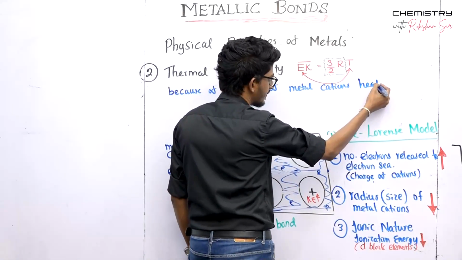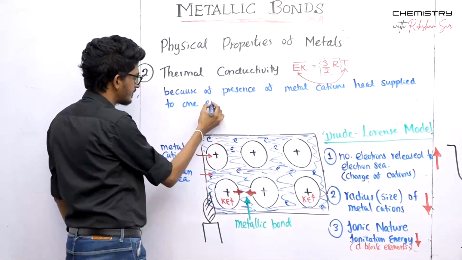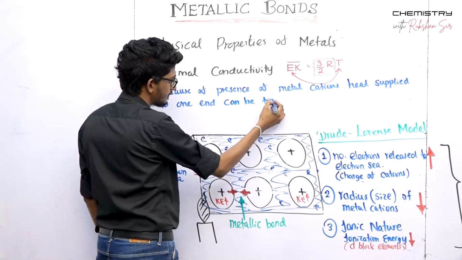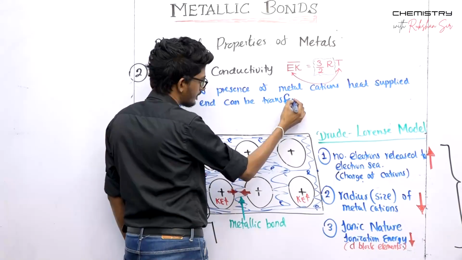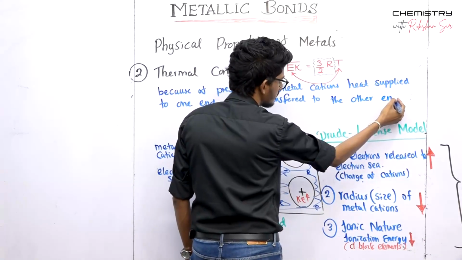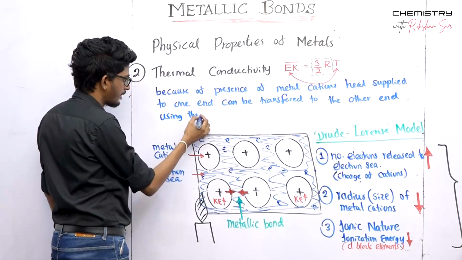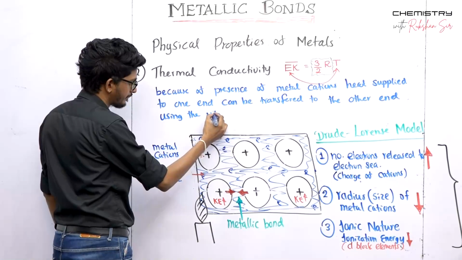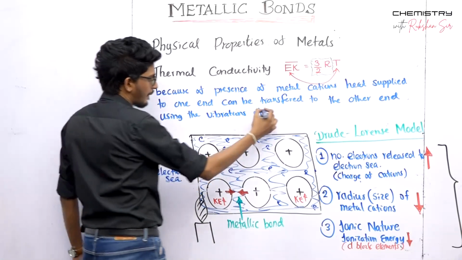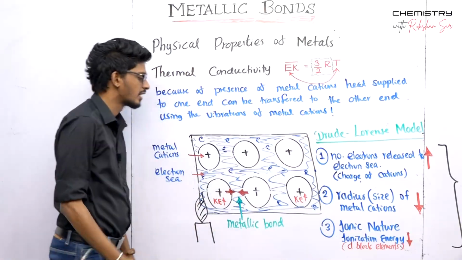Heat supplied to one end can be transferred to the other end using the vibrations of metal cations. That way you can transfer the heat.